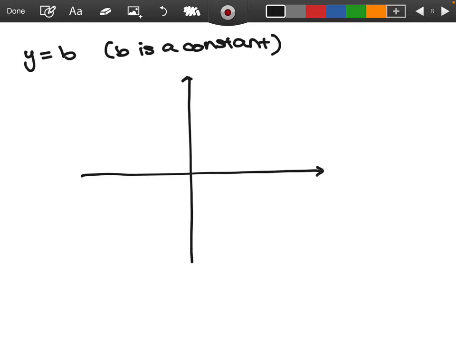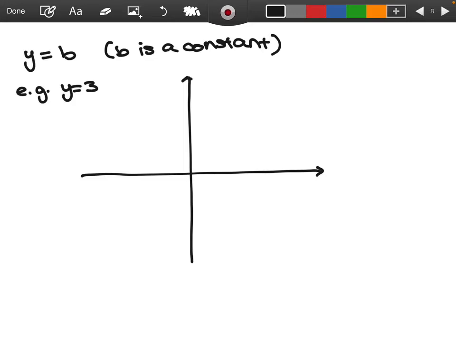Well, in this case, every single point on this line has to satisfy y is equal to the constant b. So let's do, in this case, y is equal to 3. Every single point on that line must satisfy y equals 3. The x-coordinate doesn't matter. It can be whatever it likes.